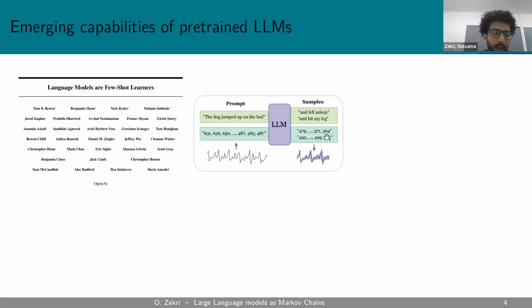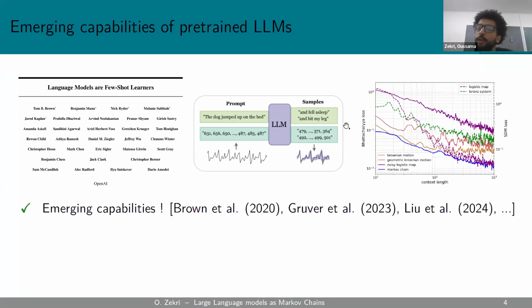And more recently, there is this paper from Liu et al., where they realized that if you put a dynamical system as an input of an LLM, the LLM is able to forecast or to understand, more importantly, the dynamics of the dynamical system in a probabilistic way.